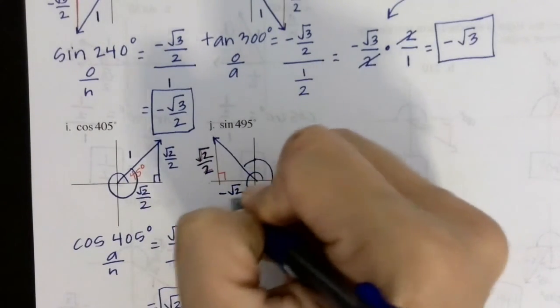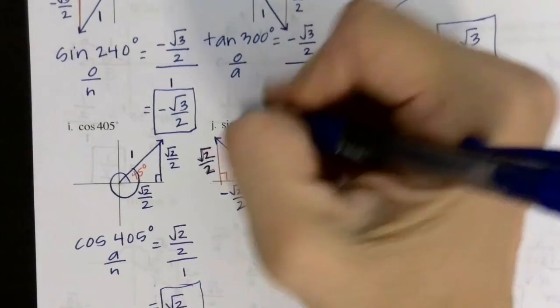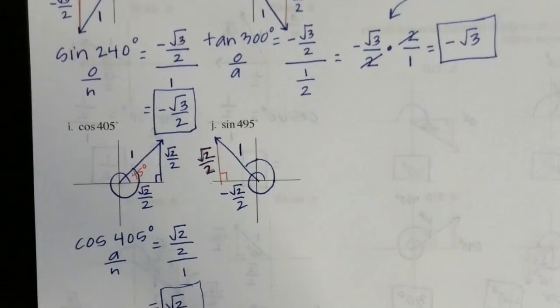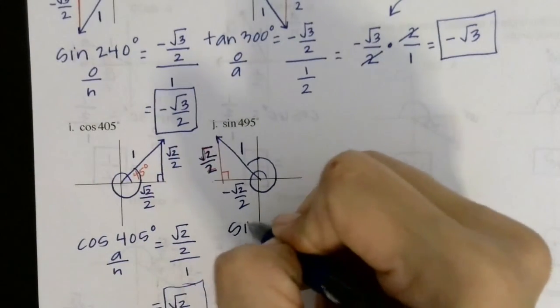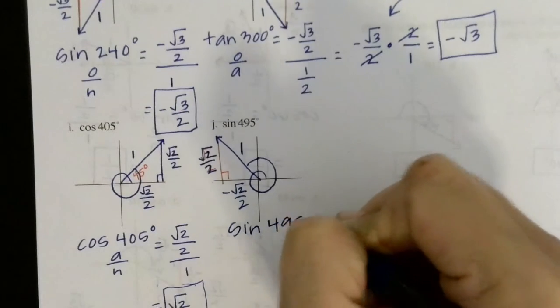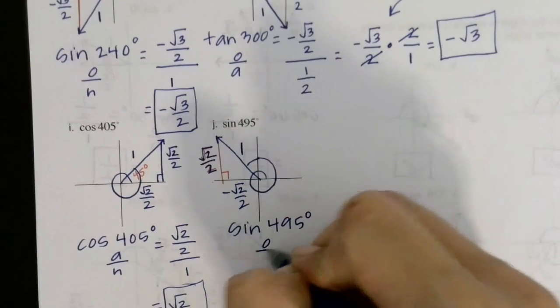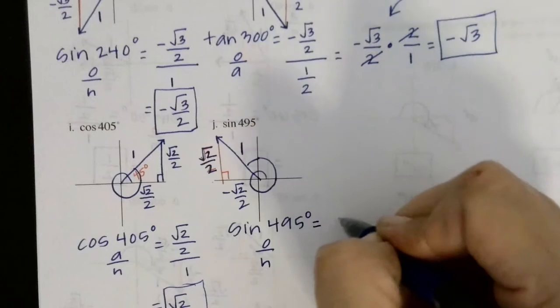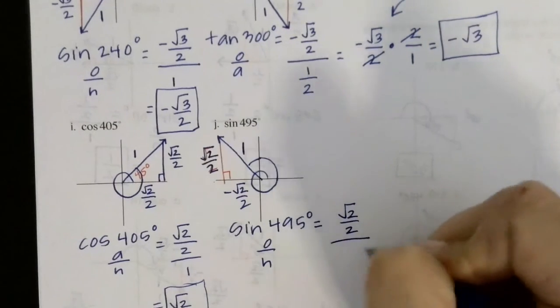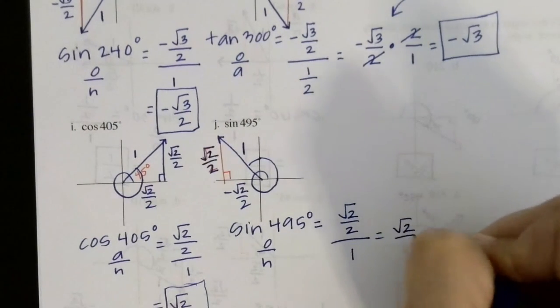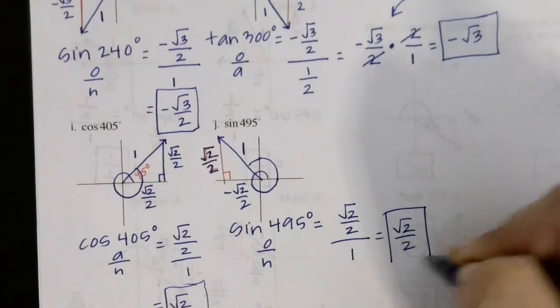Negative root 2 over 2 because I'm in the negative x-axis, and 1. Sine of 495 degrees is going to be opposite over hypotenuse, which is root 2 over 2 over 1, which is root 2 over 2, which gives you that.